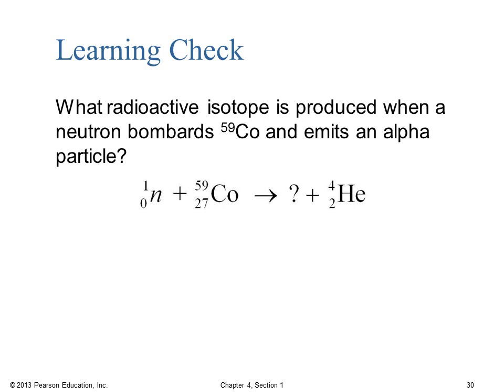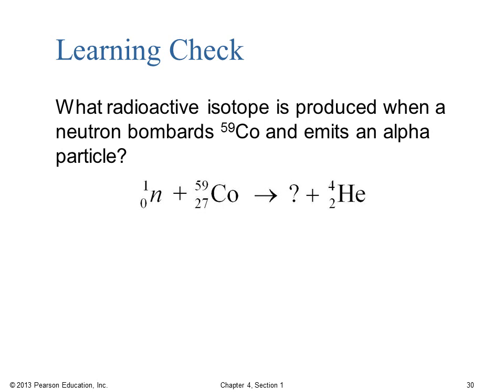Then we have a sum of 27 for atomic number on our left-hand side, and we only have 2 on the right-hand side. So we need to find what number would be needed to add up to 27. It would be 25 plus 2 is equal to 27, which is equal on both sides.